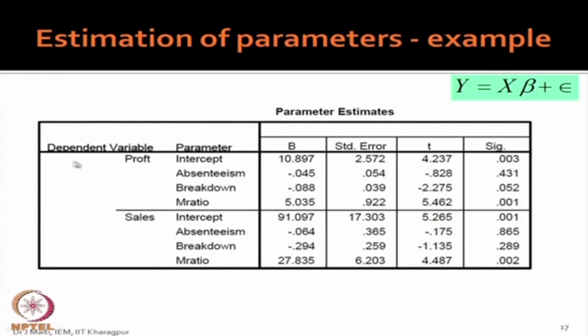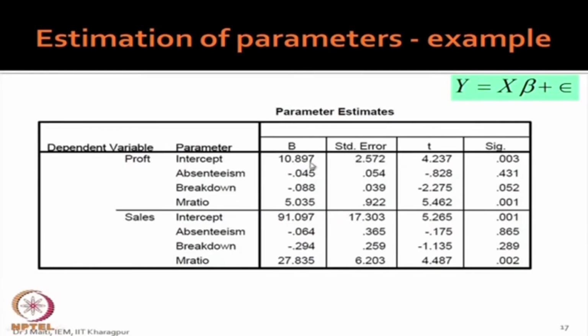Now see the profit intercept, 10.897, and its standard error, using that same formulation with x transpose x inverse, that CJJ, is 2.572. And what will be the t value? The t value, under the null hypothesis H0 that beta kj equals 0, is the estimate divided by the standard error.